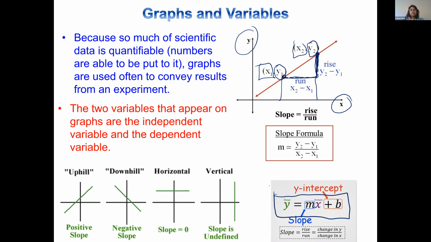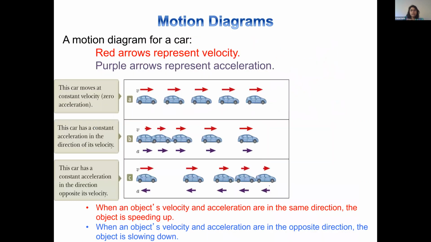Okay. So now with this picture, I want you to understand a little bit about the connection between motion, velocity and acceleration, right? Red arrows represent velocity, purple arrows represent acceleration. In the first diagram, I have red arrows of the same size, pointing in the same direction. What does that mean?